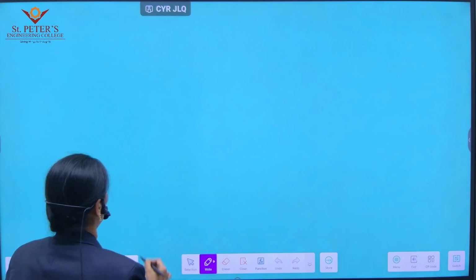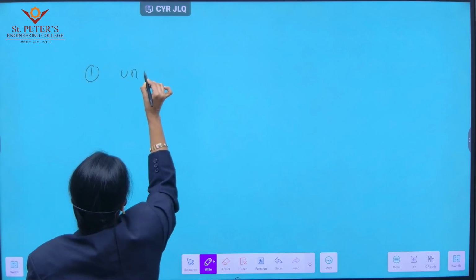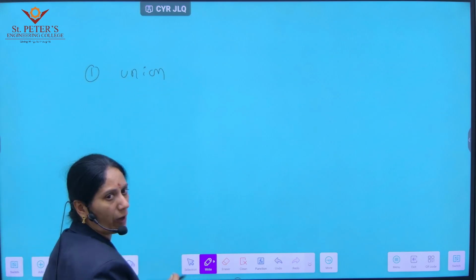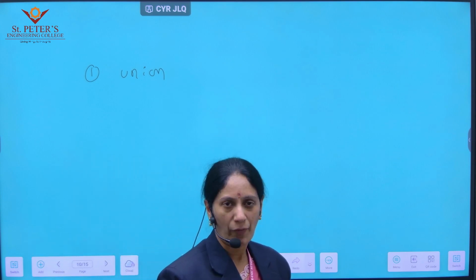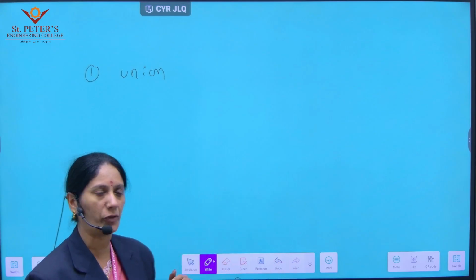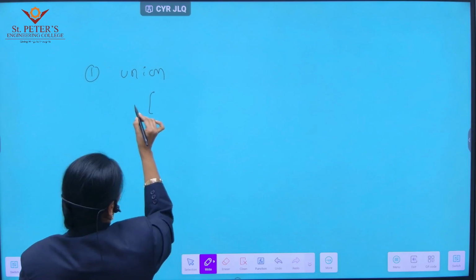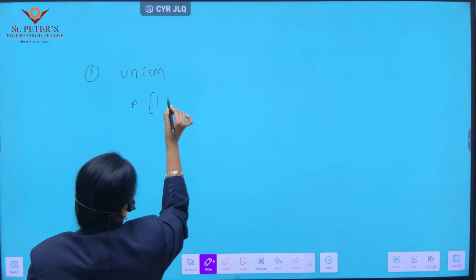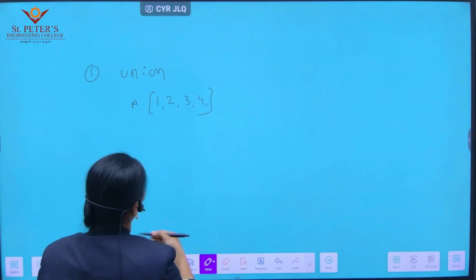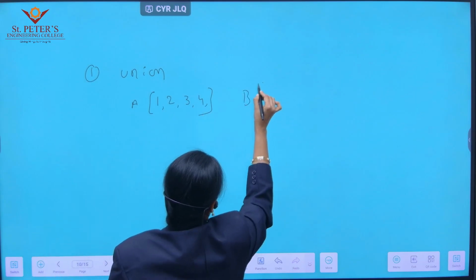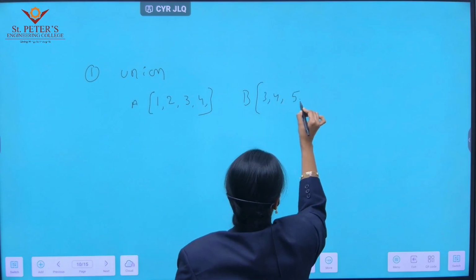We'll see one by one. First operation is called the union operation. Simply the mathematical calculation of an example of the union operation. Let us take two relations. A consists of 1, 2, 3, 4, and relation B is considered as 3, 4, 5, 6.